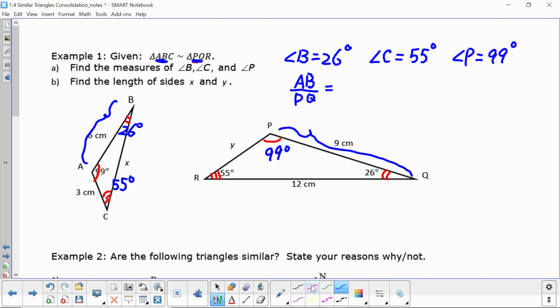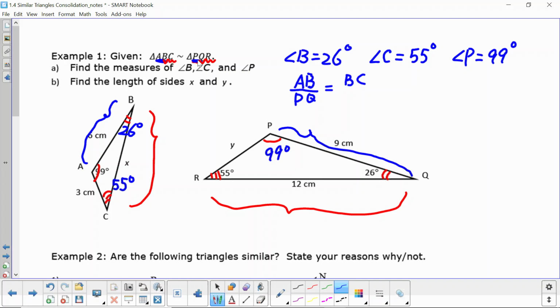Then we do the last two letters. BC is this side, over the last two letters QR. So these two sides are corresponding. We write BC first, because the numerators should be from the same triangle.